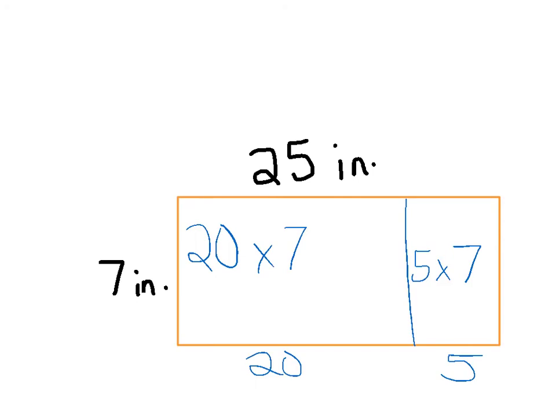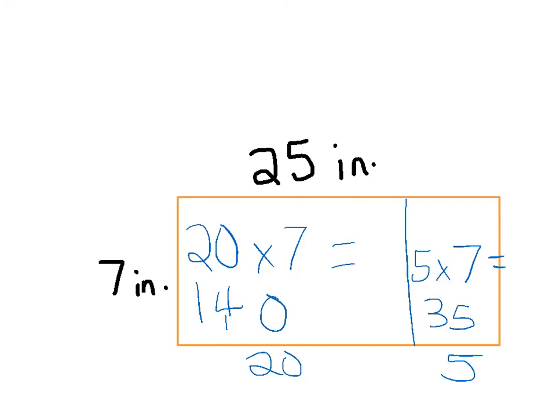So now I'm going to do my calculations. 20 times 7, I know that 7 times 2 is 14, and then I have to add the 0, and I know that 5 times 7 equals 35. So then I have to take those two rectangles that I've separated and put them back together, since this is still only one rectangle I have to calculate the area for.